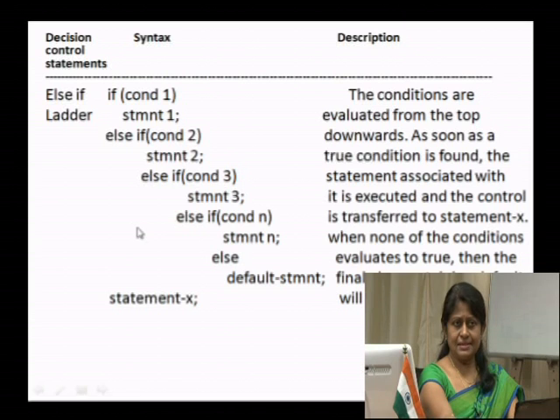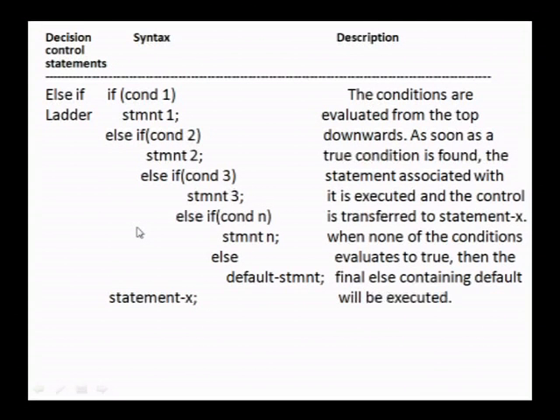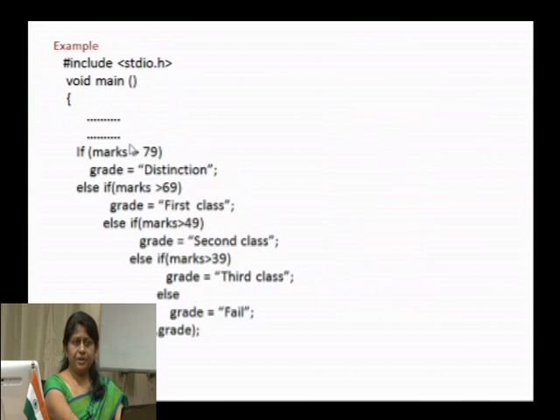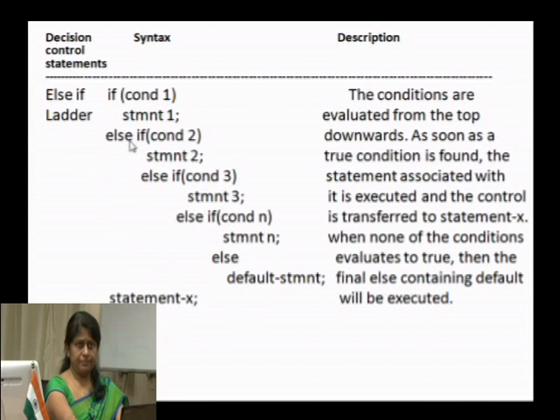Let's look at the syntax of an else-if ladder. You have if condition 1. If condition 1 becomes true, then statement 1 is going to be executed. If condition 1 becomes false, then we get into the else if part. Again you check another condition, condition 2. If this condition becomes true, then statement 2 is executed.